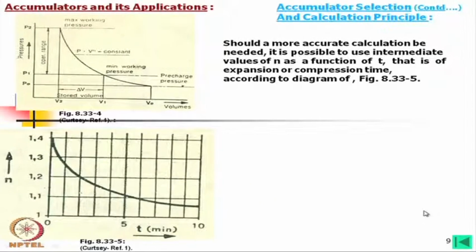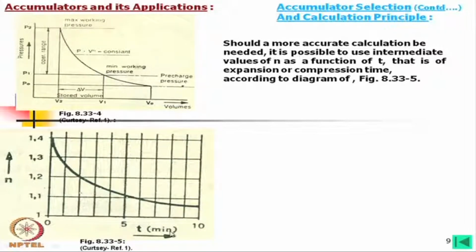Now, should a more accurate calculation be needed, it is possible to use intermediate values of n, the exponent, as a function of t, that is, of expansion or compression time, according to the diagram in figure 5.